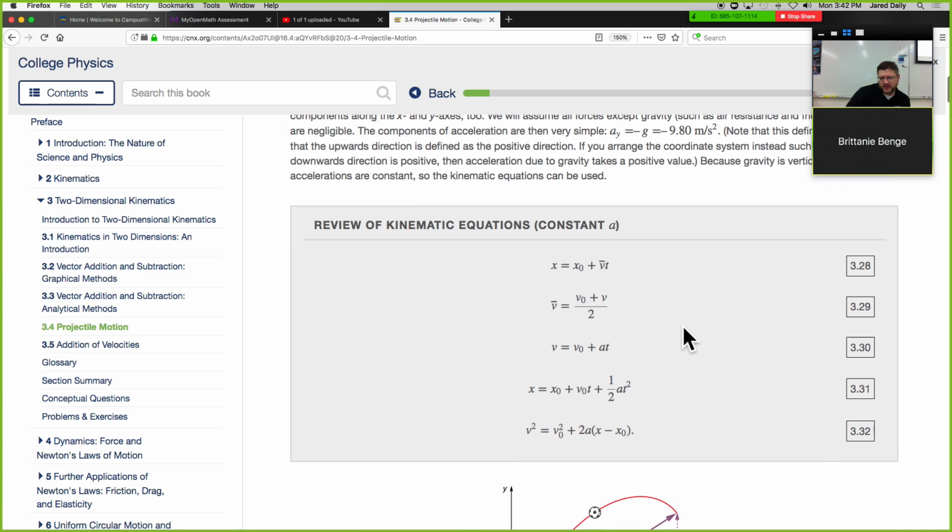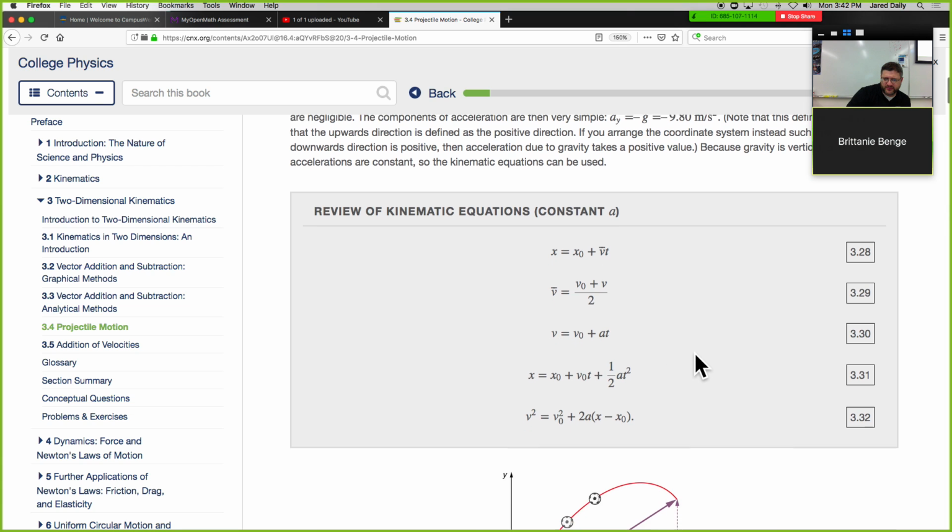Actually, that one would work for a constant. I'm trying to remember if this one will work if you're accelerating. This one will only work if you have the average velocity, which we don't. We only have the final velocity, so this one you can't use. But this one we can use because we have the time, we have the acceleration, and we have the initial velocity, so we can calculate the final velocity.